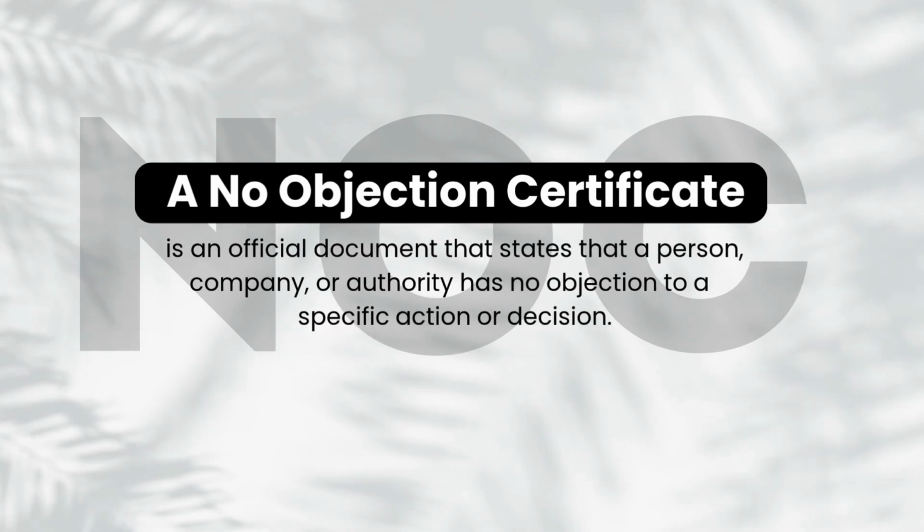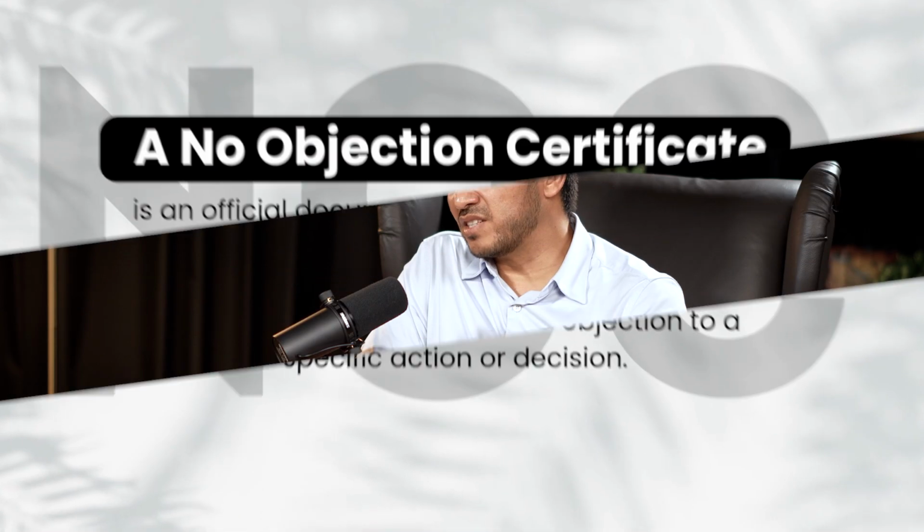Then, once they sign this contract, they go to the developer to secure a no objection certificate. This no objection certificate is issued only if the conditions of the original SPA are met. After those conditions are met, the developer issues the NOC.